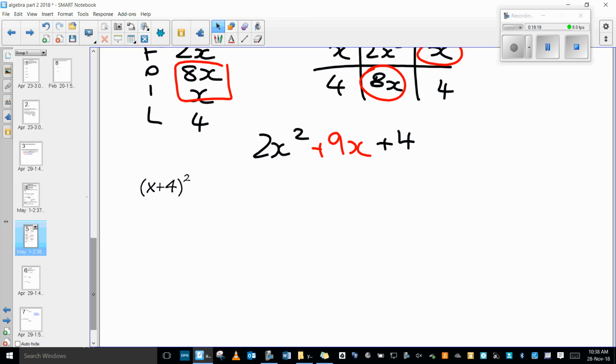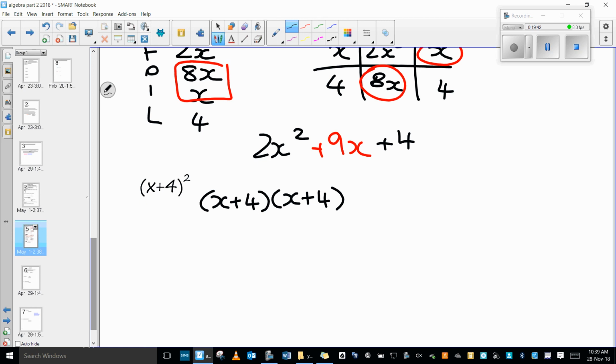So, what I want you to do throughout your maths career, whether you have me in the future or not, always when you see this symbol here, I want you to first of all repeat your brackets. Now, the reason I say to do that is because far too many people forget the O and the I bits.